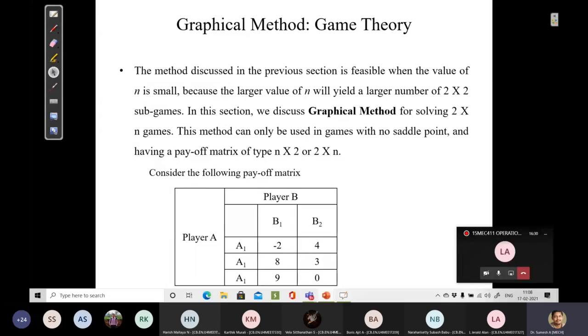That is, in any one of the axes, either player A or player B should have only two strategies, and the other side can have more strategies. Then we can solve it using the graphical technique. So we will solve a problem so that you will get a clear idea in this regard.